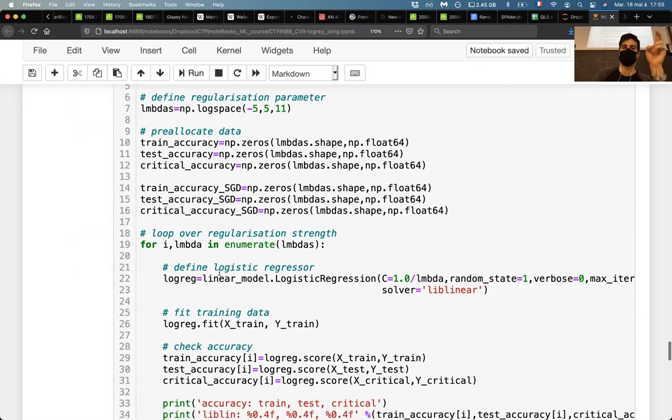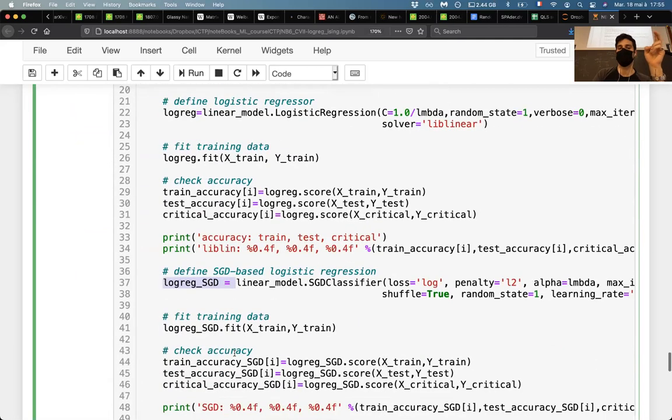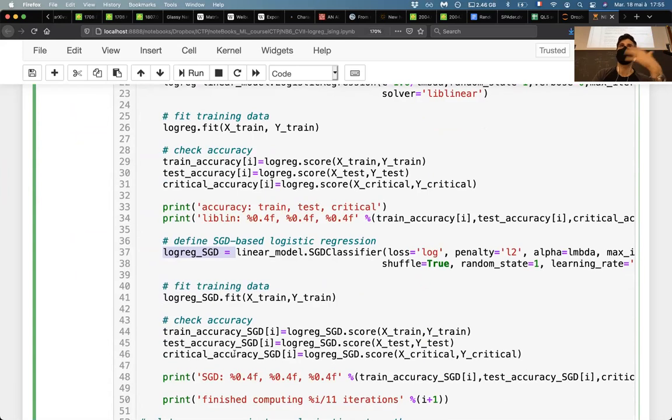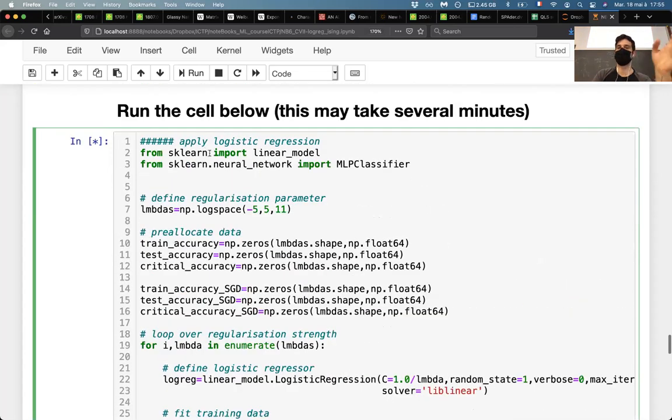One way will be to use stochastic gradient descent that we discussed, and another way is to use a convex optimizer from scikit-learn, which is a machine learning package. I will not discuss it.